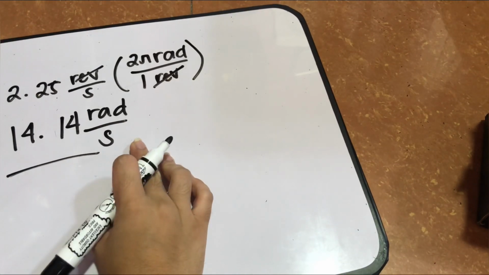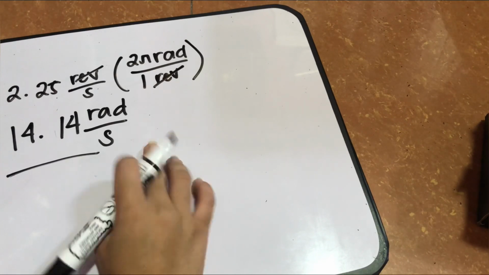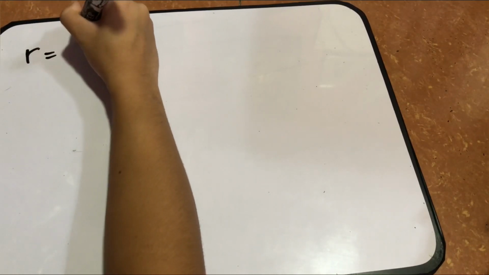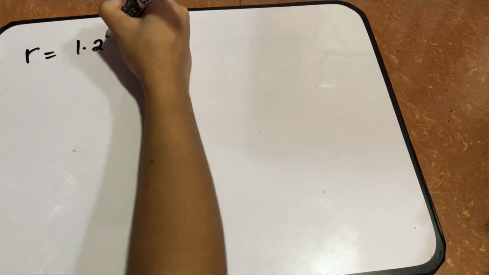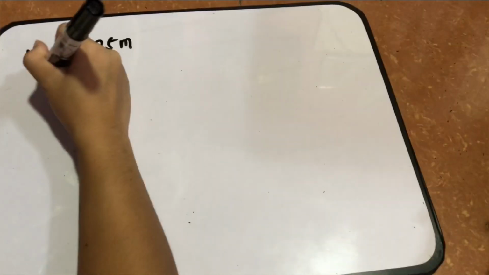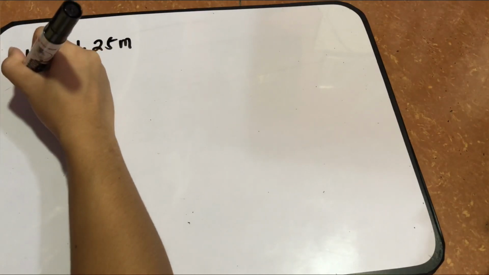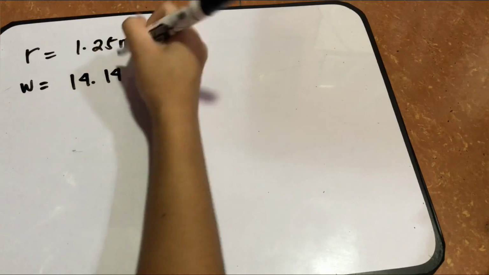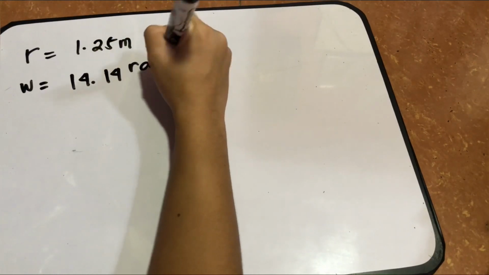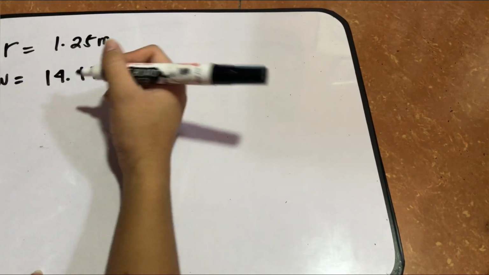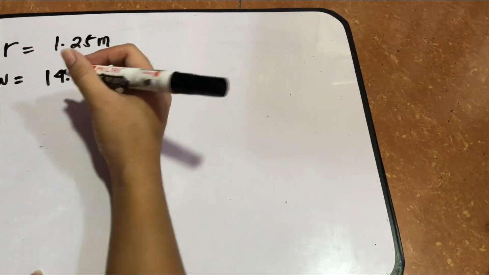Na-convert naman nato siya to radians per second. So, karon nakuha naman nato ang iyang radius na 1.25 meters ug ang iyang rotational speed na 14.14 radians per second. Atoan na lang na siyang isolve para makuha nato ang iyang tangential speed.